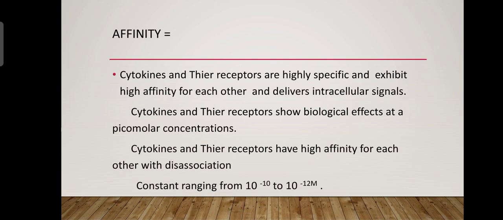So the presence of receptors on the membrane of a target cell is very important. The binding affinity between cytokine and receptor is strong, with a dissociation constant ranging from 10 raised to the power of minus 10 to 10 raised to the power of minus 12 molar.